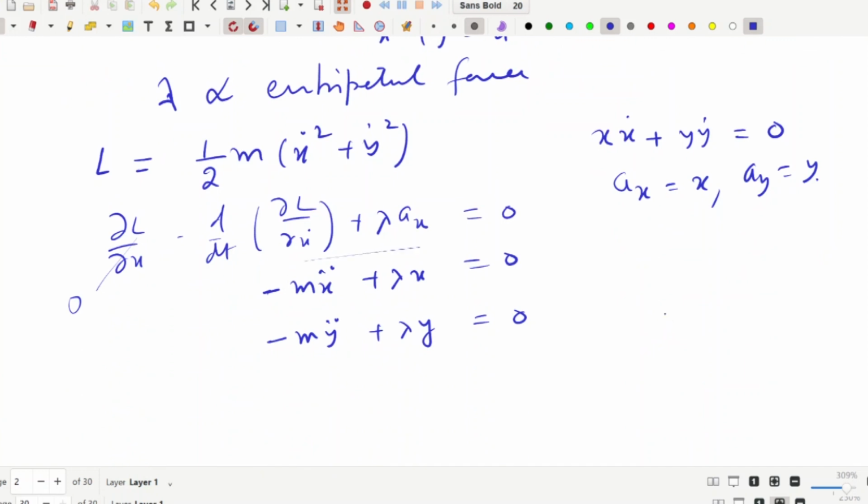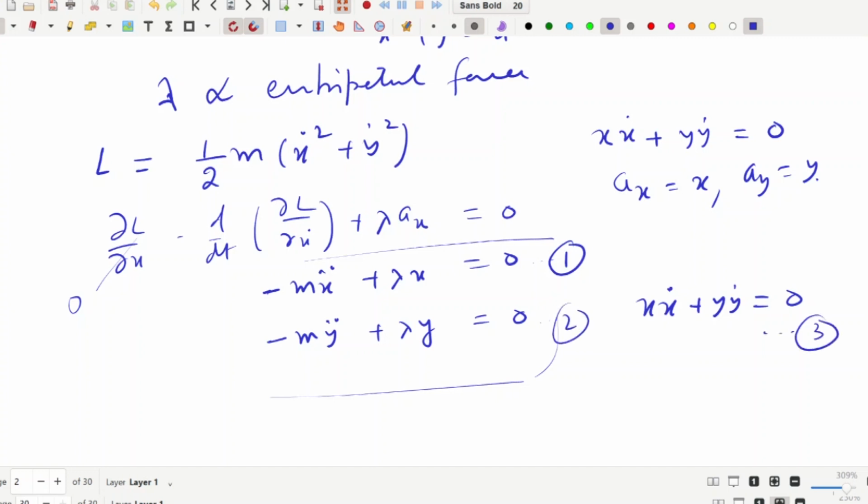So, the solution will be given by these two equations as well as the equation of constraint, that is x ẋ + y ẏ = 0.